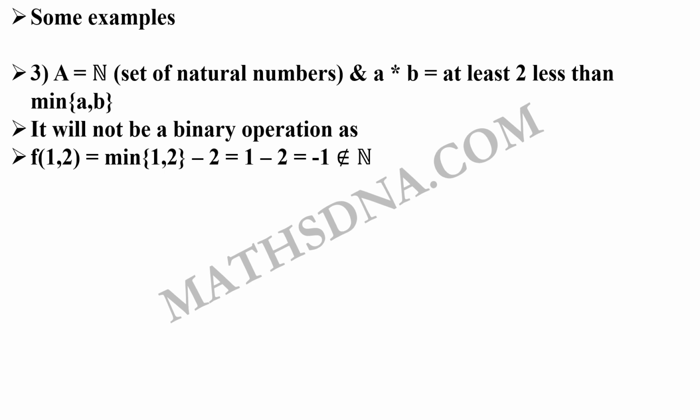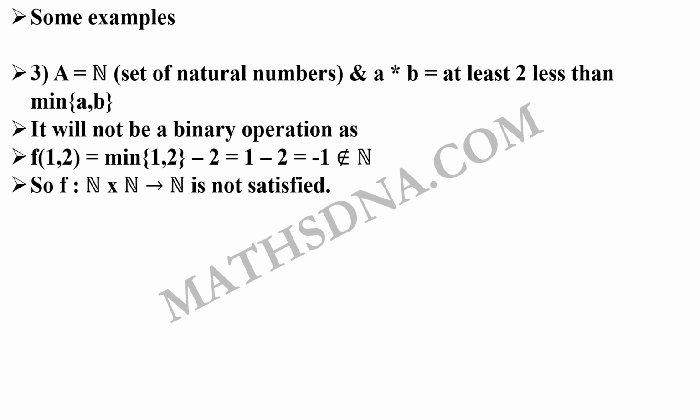Now minimum of 1 and 2 will be 1, and 1 minus 2 will be equal to minus 1, which does not belong to N. So the element that is resulting after applying the binary operation does not belong to the set N from where it is taken. So it does not satisfy f from N cross N to N. So it is not a binary operation.